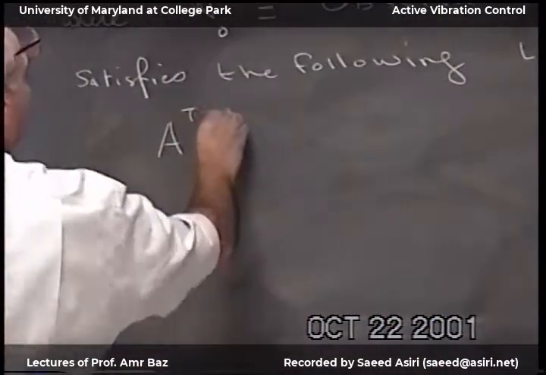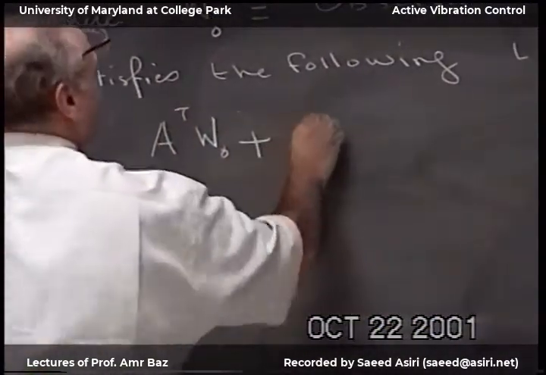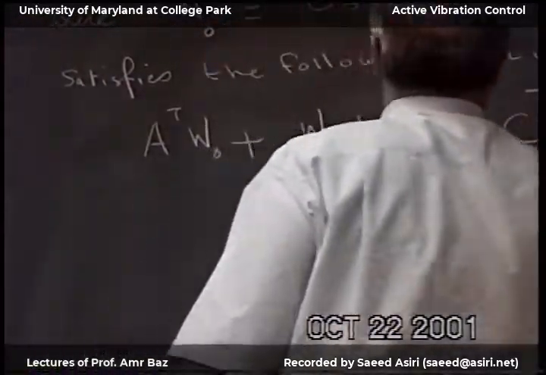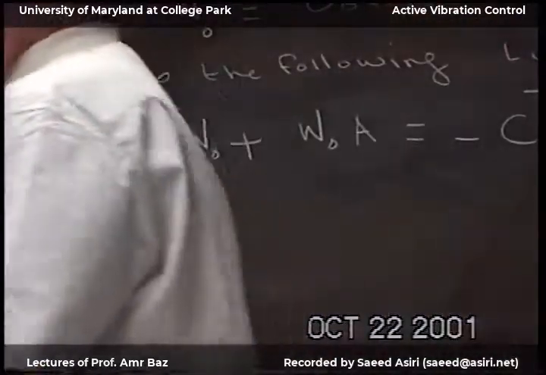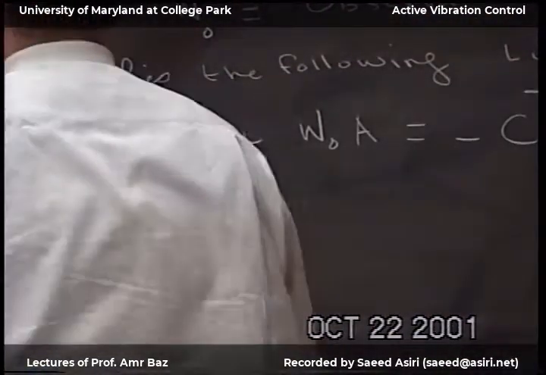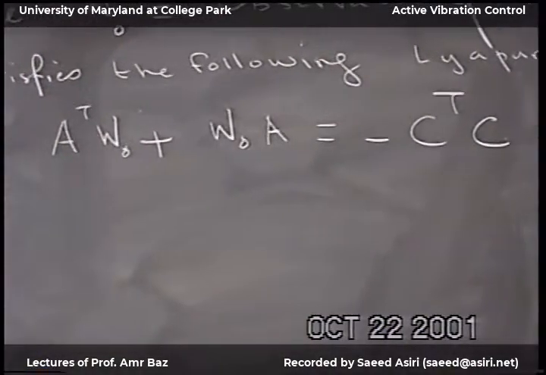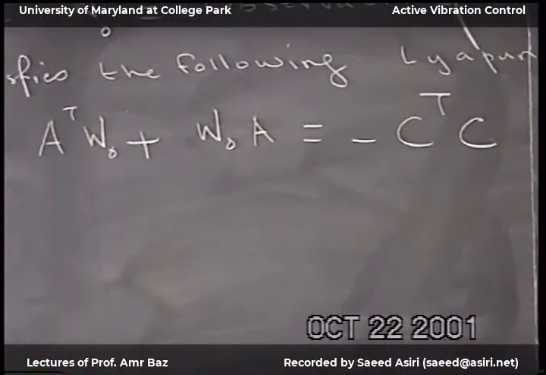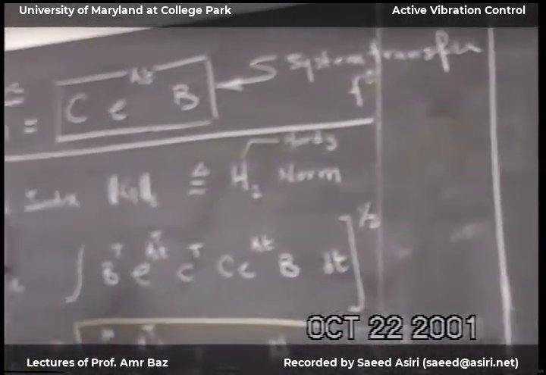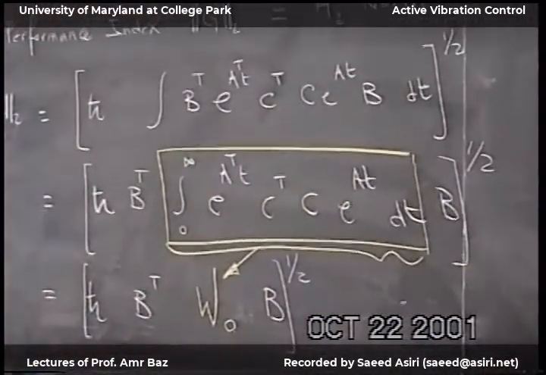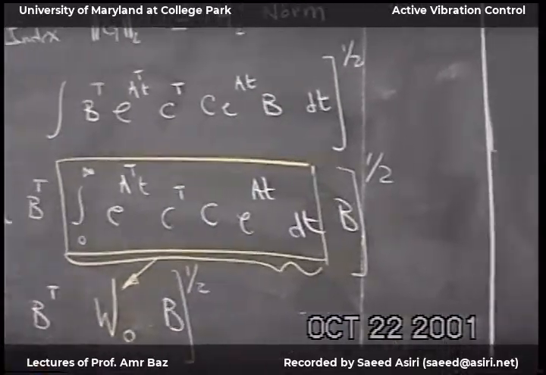A transpose W0, plus W0 A will equal minus C transpose C. And I don't think we need to prove this because we proved it 3 or 4 times already.